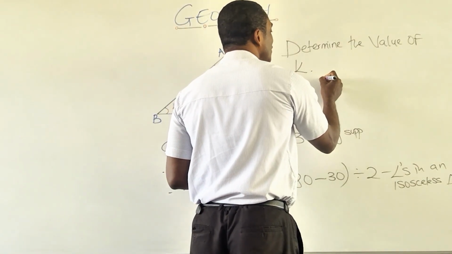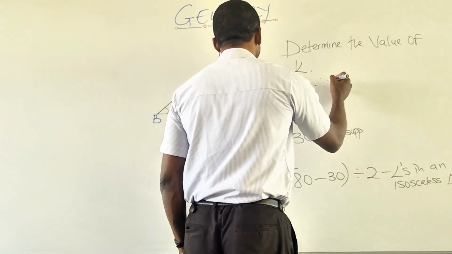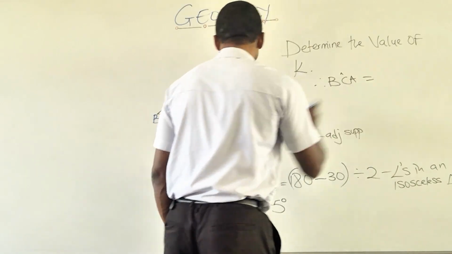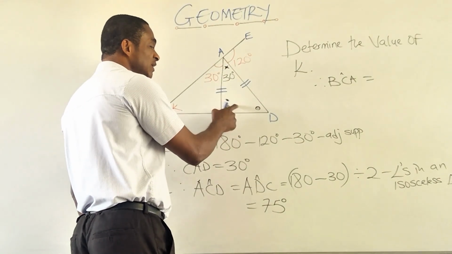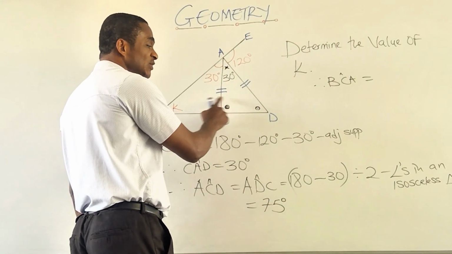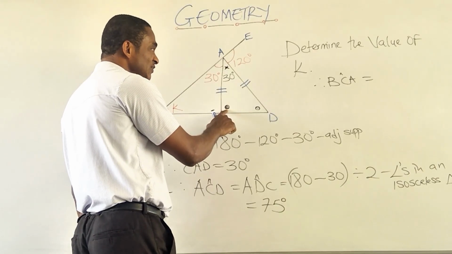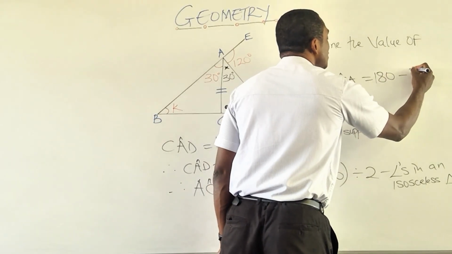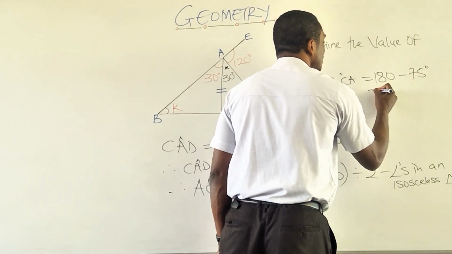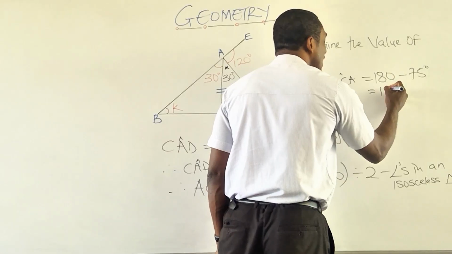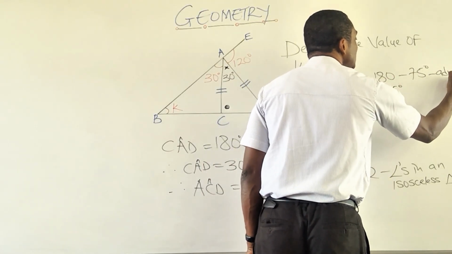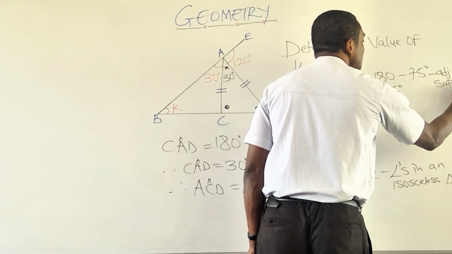Therefore, going forward, angle BCA will be equal to angles at a point on a straight line, or adjacent supplement. This is 75. This will be 180 minus 75 degrees, which will give us 105 degrees. And our reason here is also adjacent supplement.